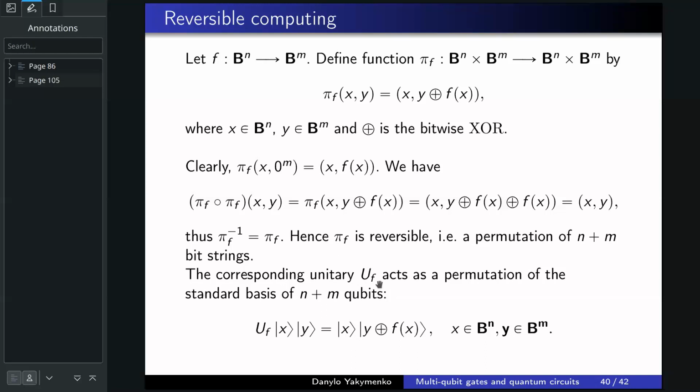So we can write it, for example, by the following formula. U of f acts on two registers of qubits of size n and m, and the result will be this state. This is actually a basis state on the set of n plus m qubits.